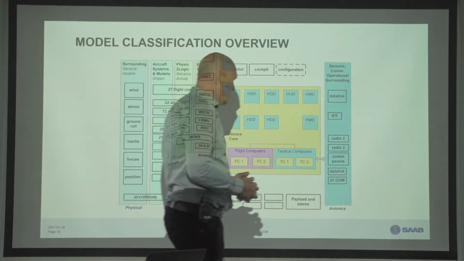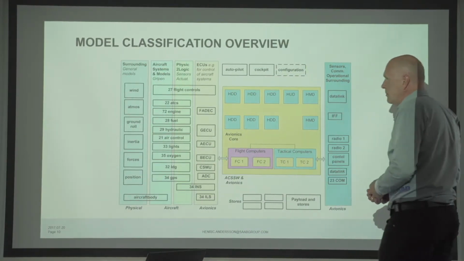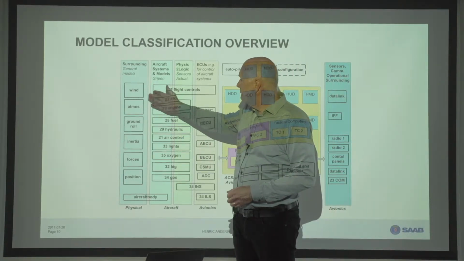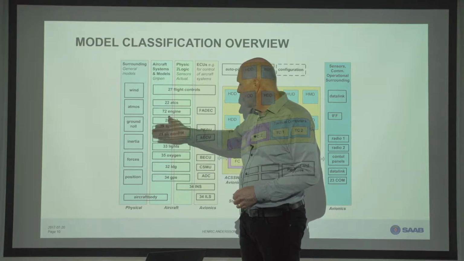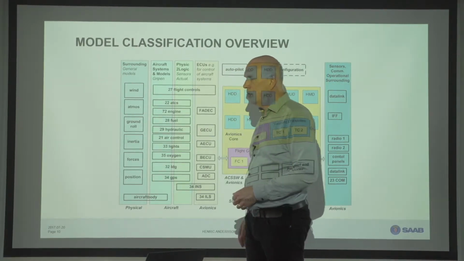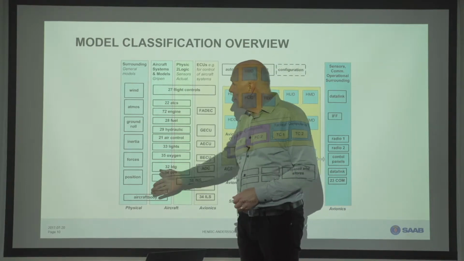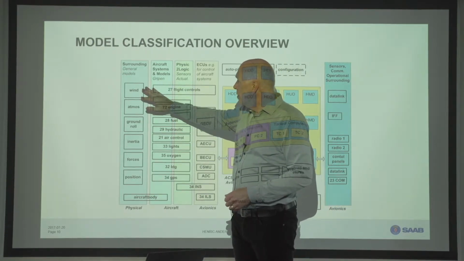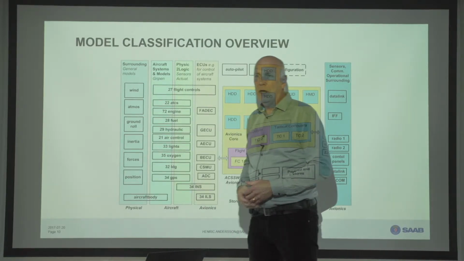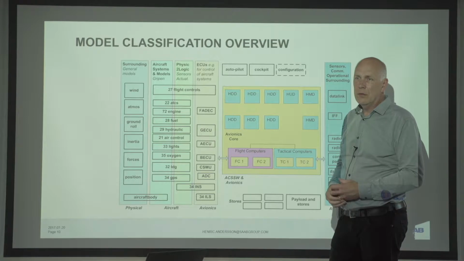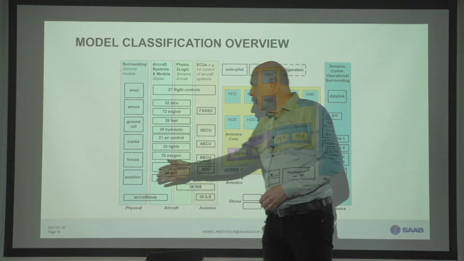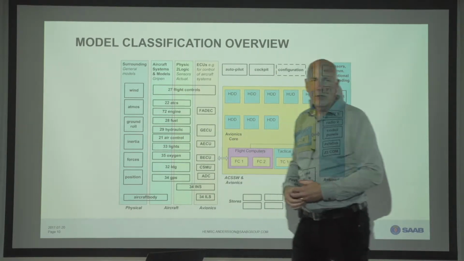So, classification of models. If you go from the left, we have the surroundings, where we have the wind and atmosphere, ground roll, forces acting on the aircraft and so on. These are very stable, and they are not specific to the Gripen aircraft. So these are general. We can use them for other aircraft, or actually some of them we could use for a car or whatever, because they are very general.